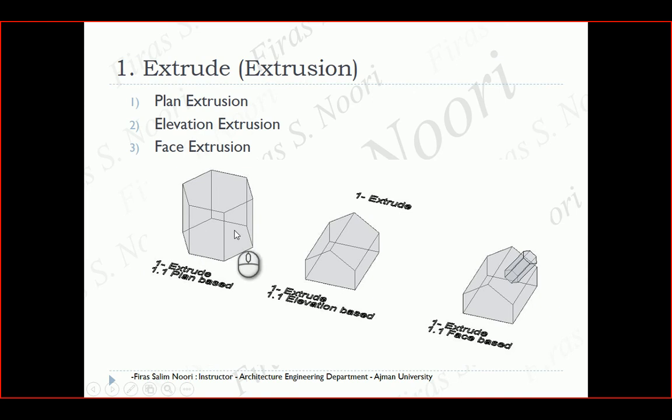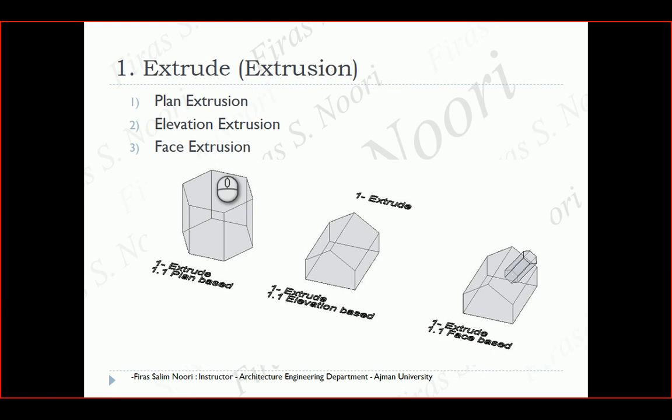You have a shape, whether it's in the horizontal level or plan. That's why in this case you call it a plan extrusion, or you can have it drawn in elevation, and then the extrusion goes in that direction, or you can extrude based on another face or a face of another object. So those are the three techniques you might find in extrude.